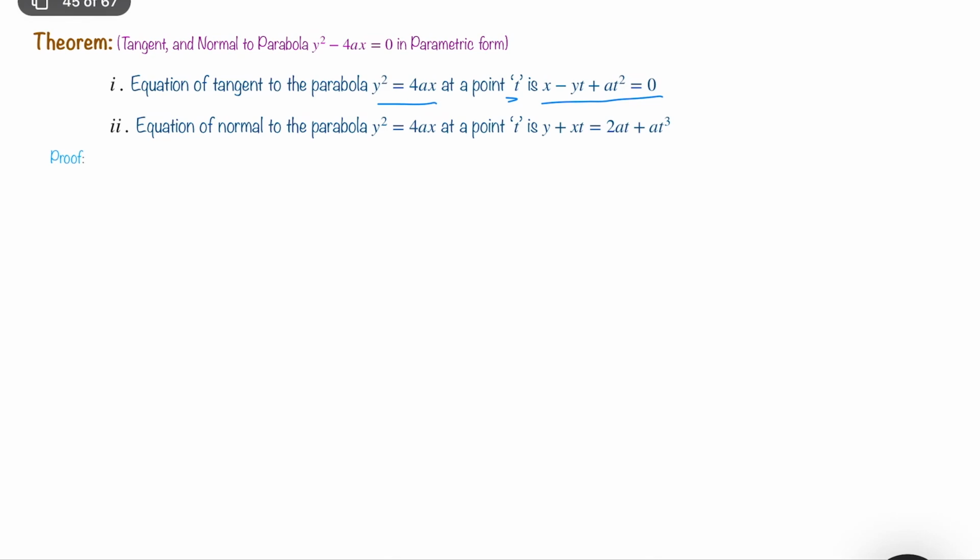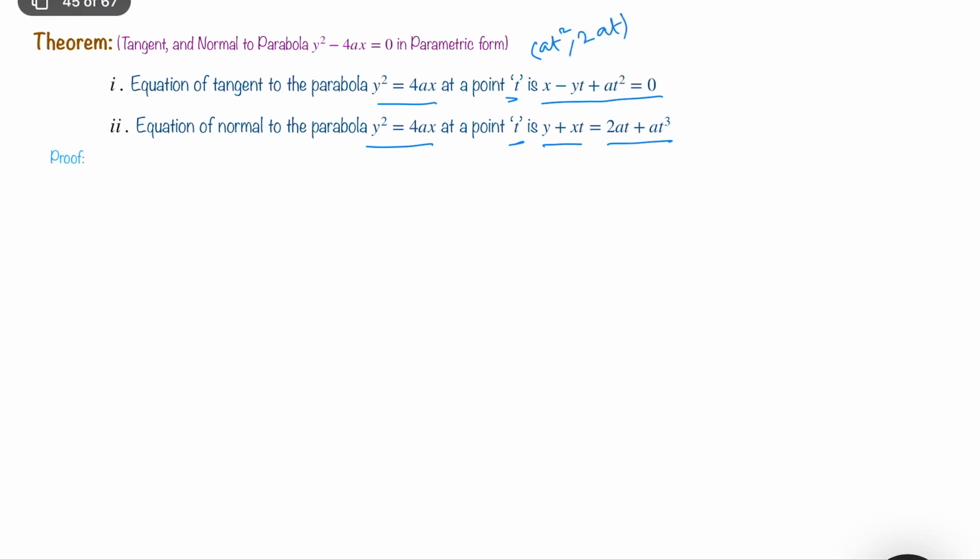Statement 2: equation of normal to the parabola y square equal to 4ax at a point t is y plus xt equal to 2at plus at cube. At a point t means at a point at square comma 2at.